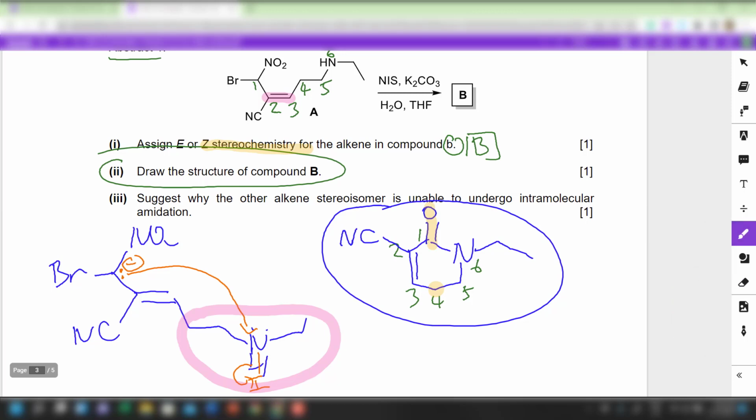We can say that it is too far away. Even if it cyclizes, the structure will be too twisted, so sterically you'll be in a very awkward position, so there will be substantial electronic repulsion between the groups, or the structure will have severe ring strain. Any word to that effect will do.